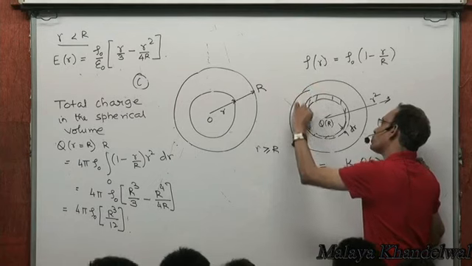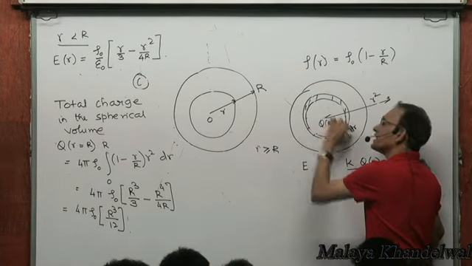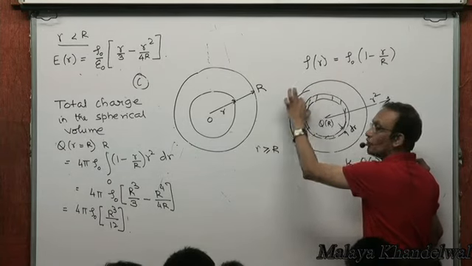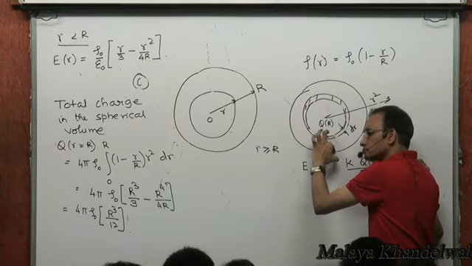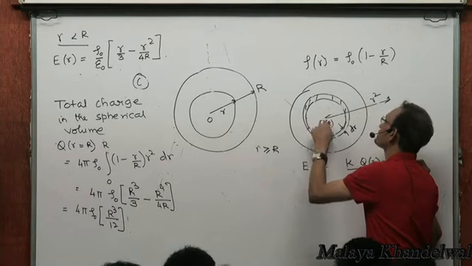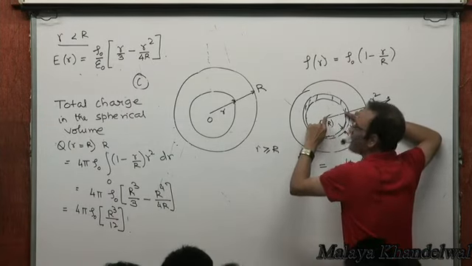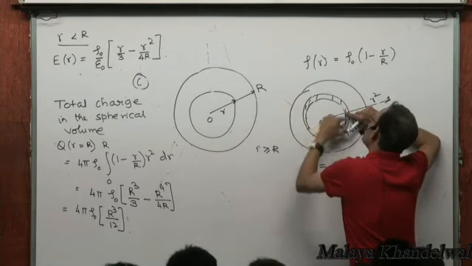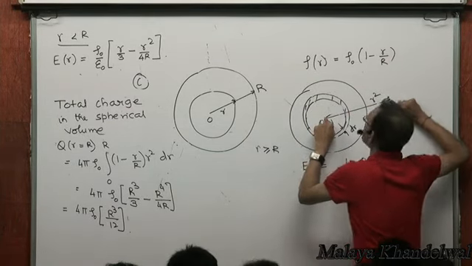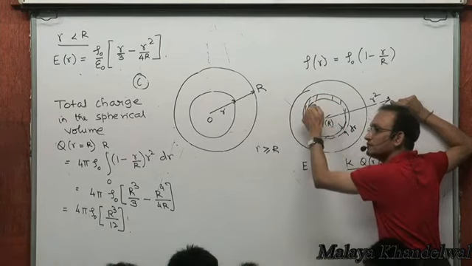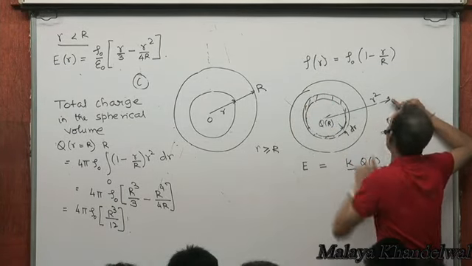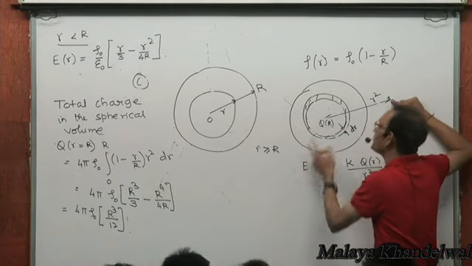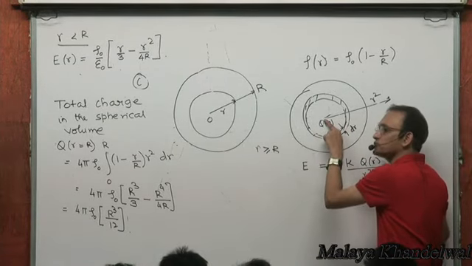Every shell that I'm constructing, that's uniform, right? Because this shell inside this region is a shell of uniform volume density rho. Rho will depend only on r. So if I've constructed a shell of a certain radius, then all the charge on this could be imagined to be concentrated at the center for the sake of all points outside this shell. And this I can do for every shell as far as this point is concerned. So if I do it for every shell, then I can imagine the entire charge to be concentrated at the center.